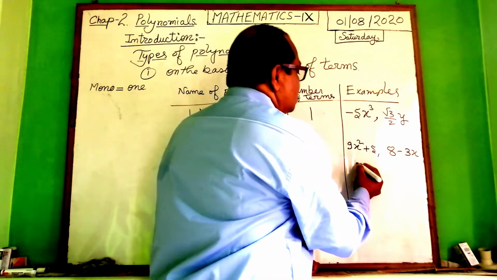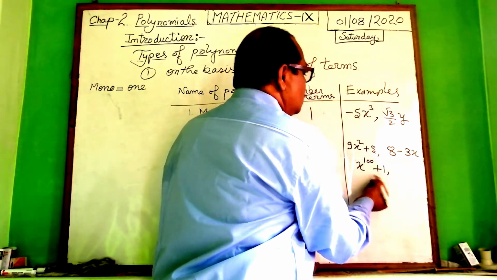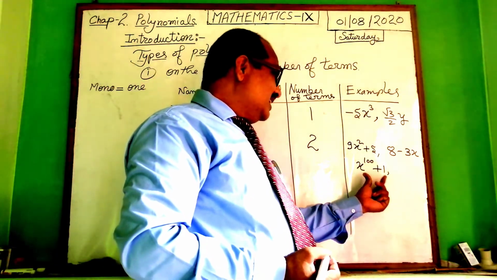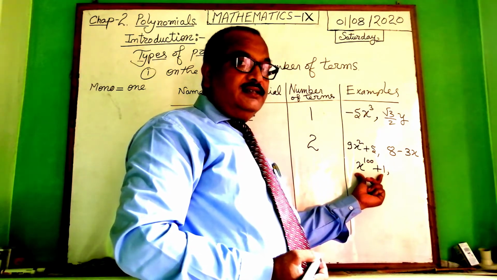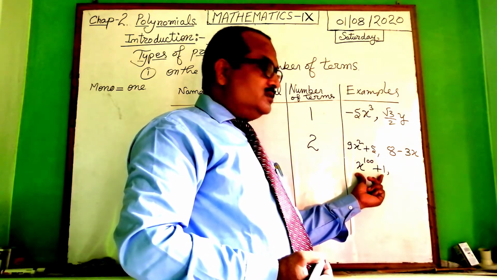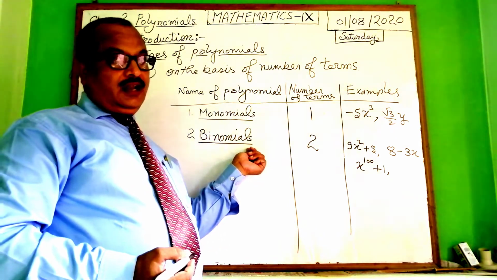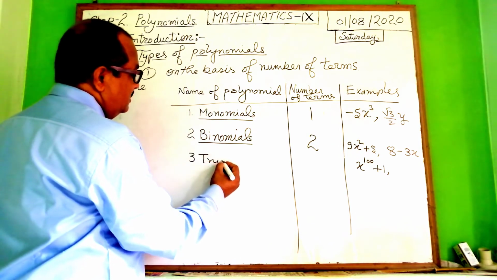Two terms. Suppose x to the power 100 plus 1. It is also a binomial. We only see the number of terms it has. It has only two terms, that's why its name is binomial. Number 3, trinomial.